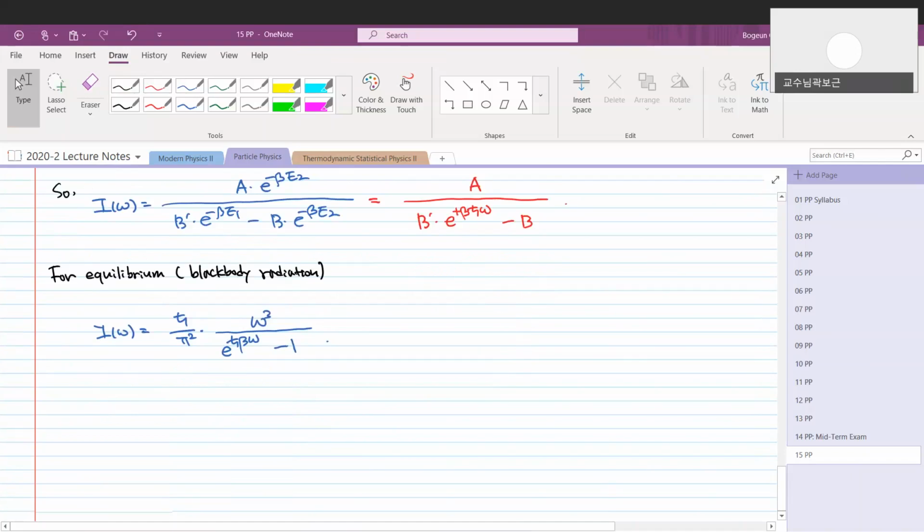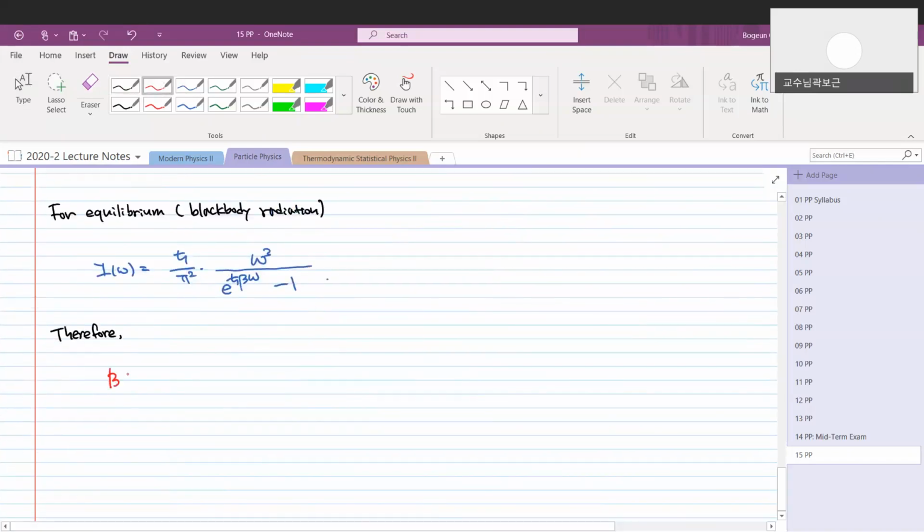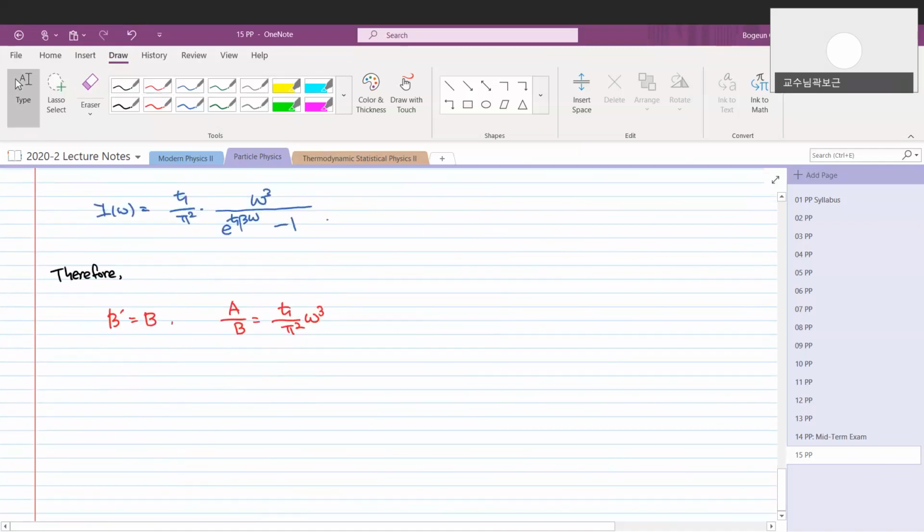So compare our previous result with this result. Therefore, B prime equals B, and A over B equals h bar omega cubed over pi squared c cubed. There is a physical meaning to such a relation.